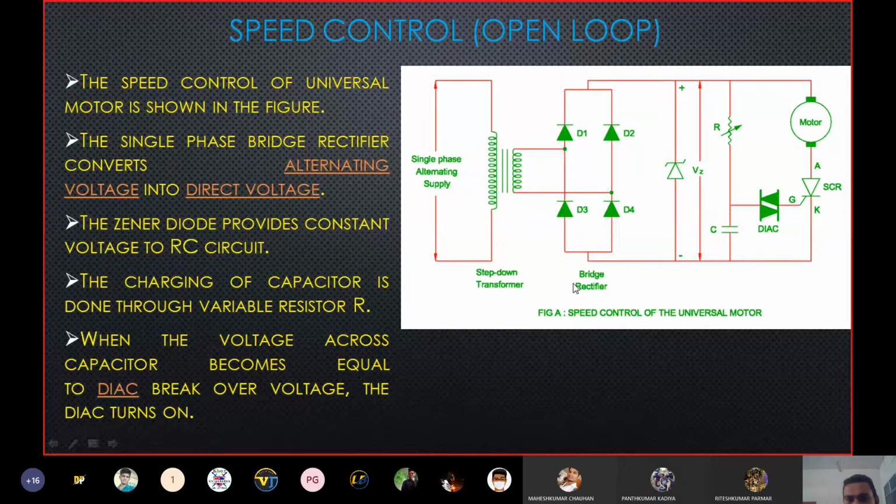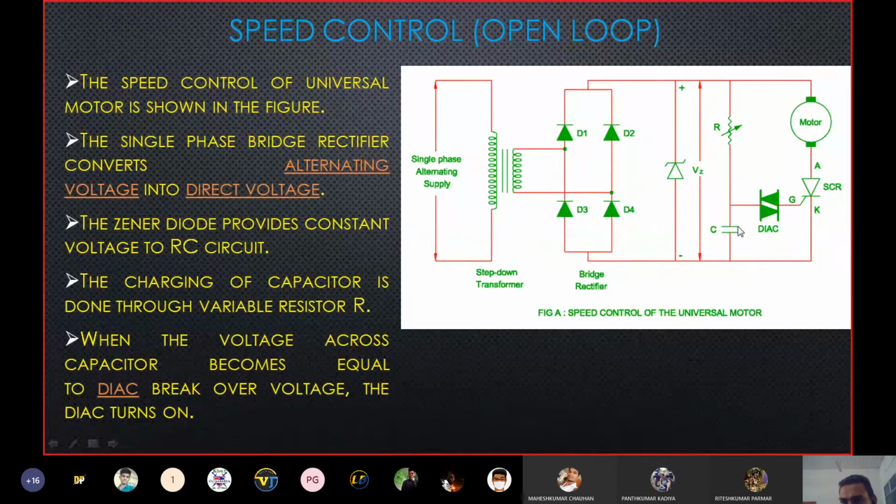When the voltage across the capacitor becomes equal to the diode breakover voltage, this diode turns on. Understood?